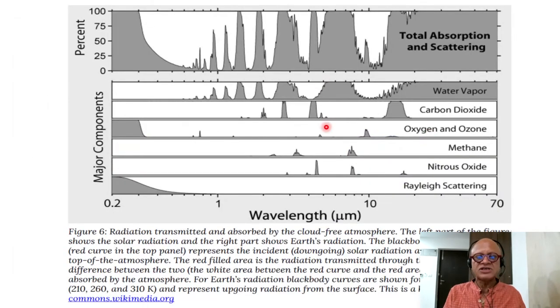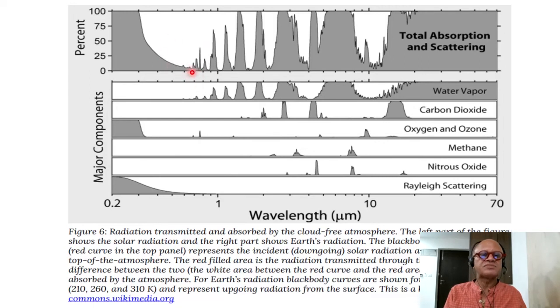So here you can see the wavelengths again going from 0.2 to 70 micrometers, and you can see the percent and the major components. So total absorption and scattering is being shown here. So obviously in the short wavelengths the energy is absorbed and this is where the energy is coming.